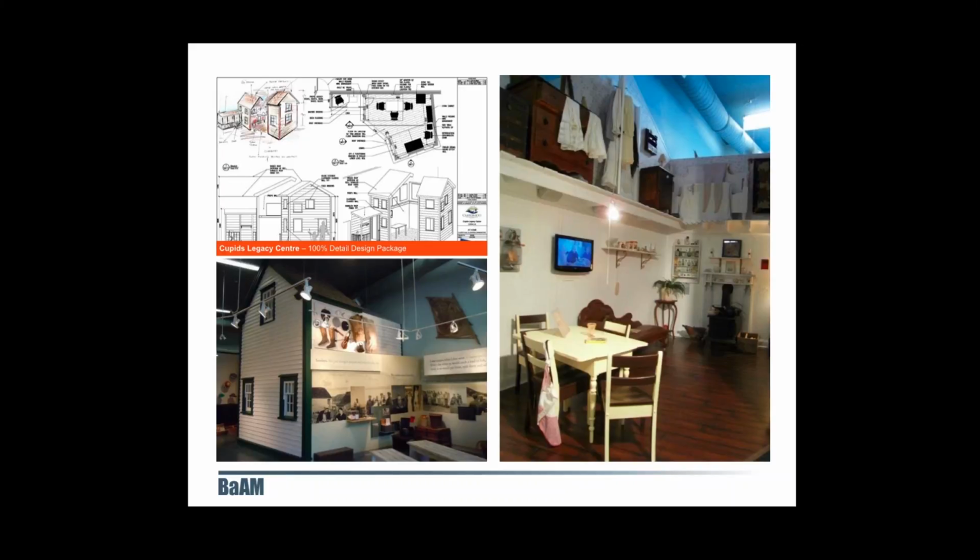The particular example seen here is an excerpt taken from a 100% detailed design package for the Cupid's Legacy Center. So preceding this deliverable, our client received a 75% detailed design package, which means that the feedback that we received on the 75% design package were included in our 100% detailed design package drawings.